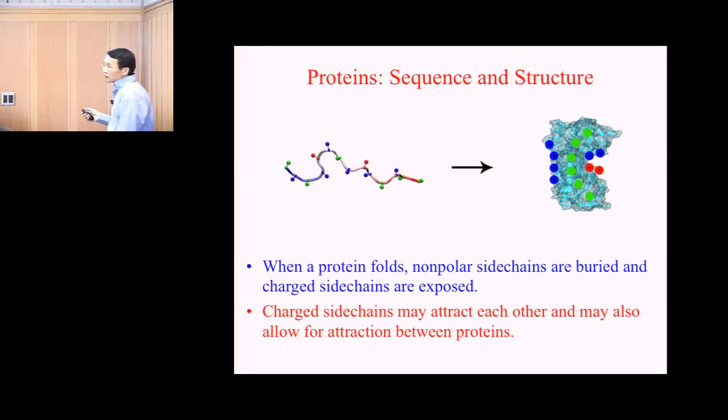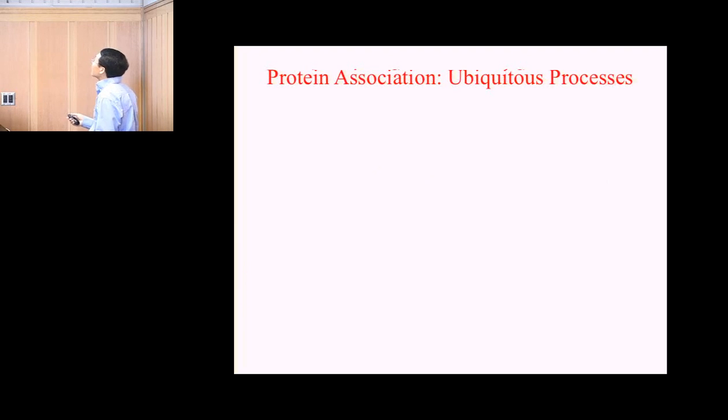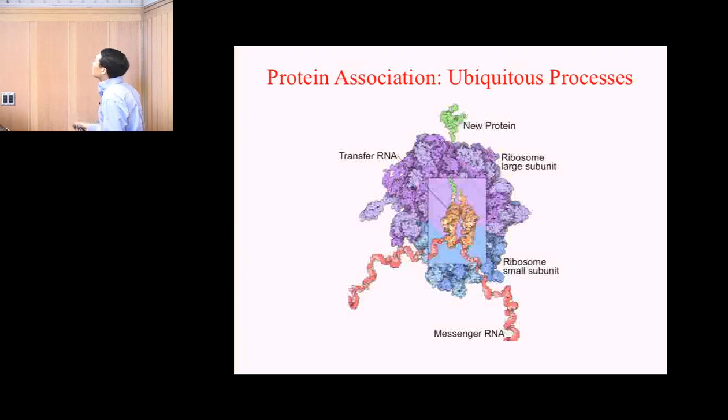Now, we know that proteins function in the cellular context typically not in isolation, but rather through interactions with many other macromolecular and small molecule partners. Just to make this point, let's consider the example of protein synthesis.